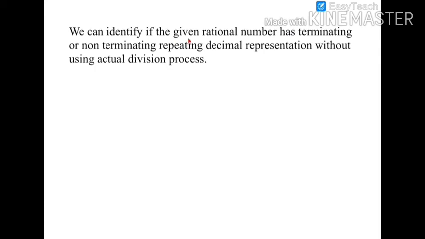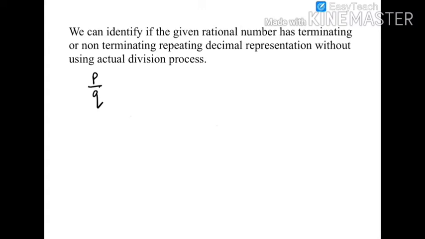We also learned how to identify a given rational number as terminating or non-terminating repeating decimal without actually using the division process. For example, P upon Q. Without dividing P by Q, we can say whether this number will be terminating or non-terminating recurring. What is the condition for that?